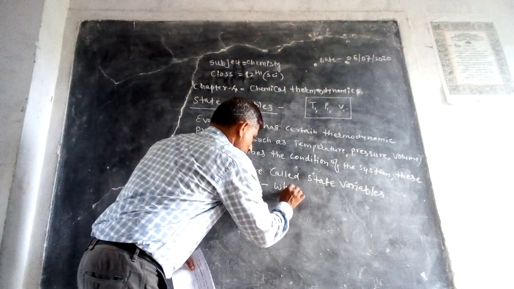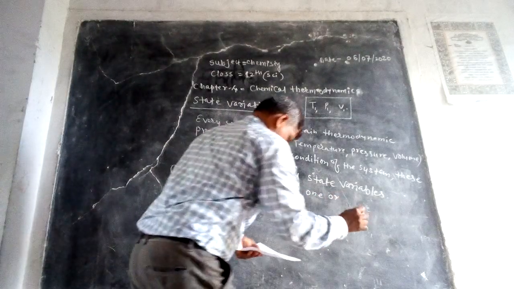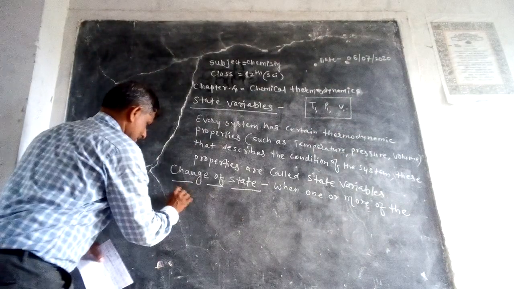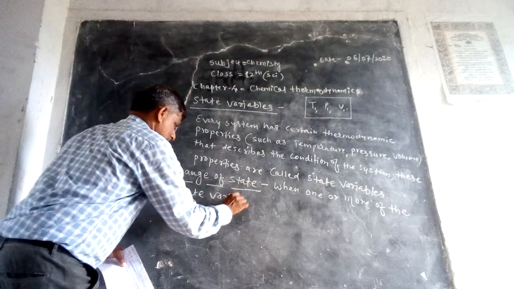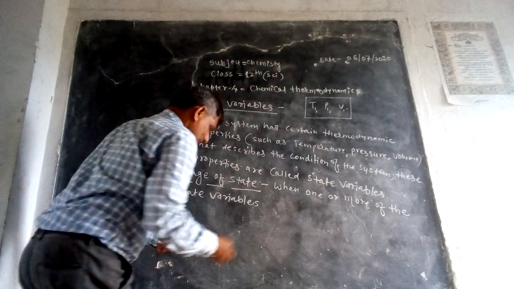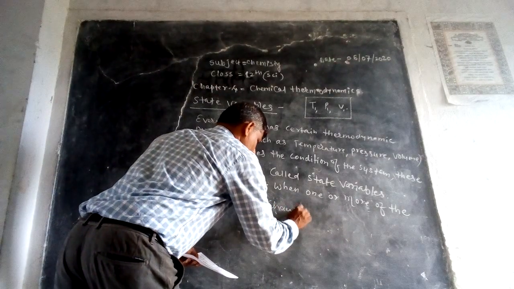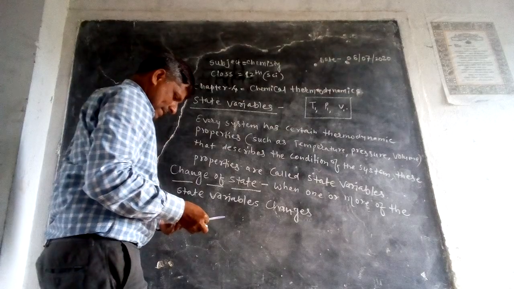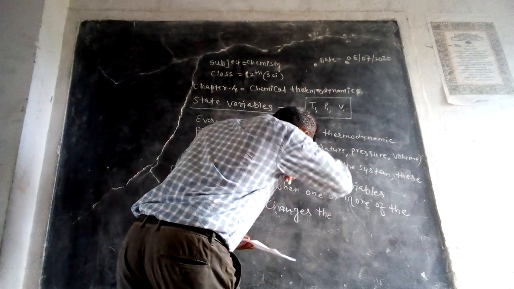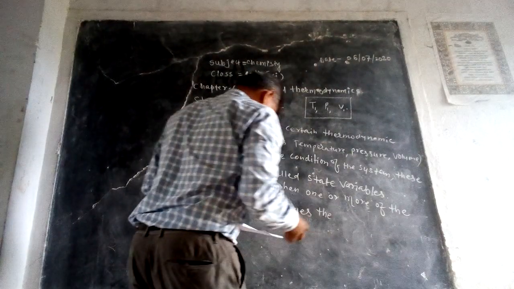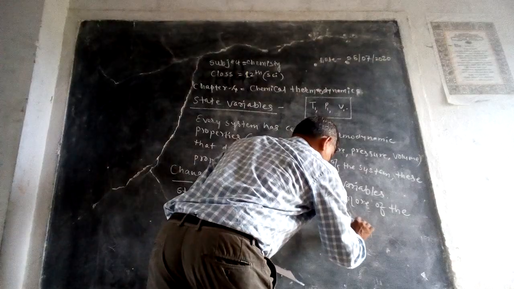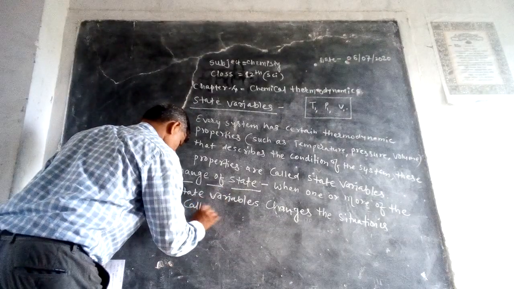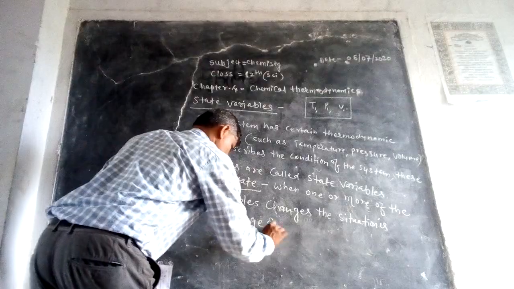When one or more of the state variables changes, the situation is called change of state.